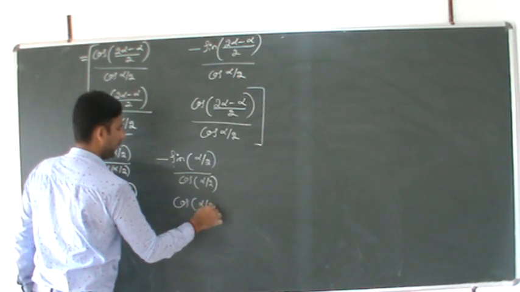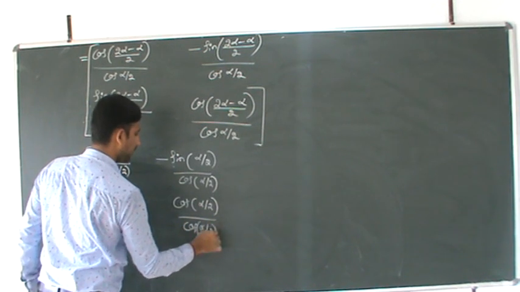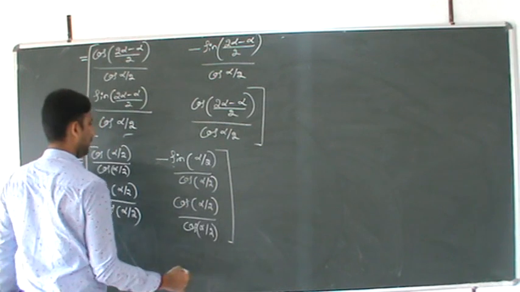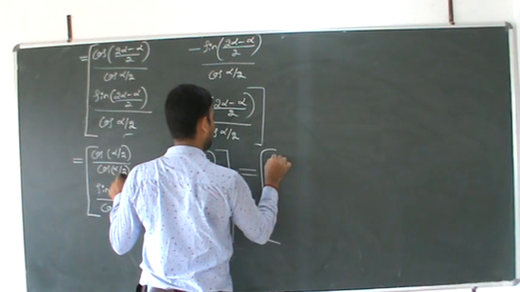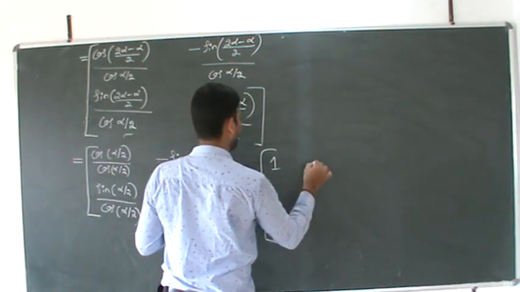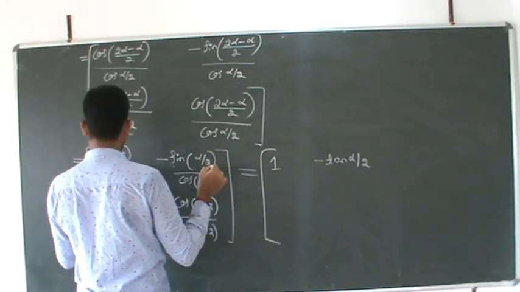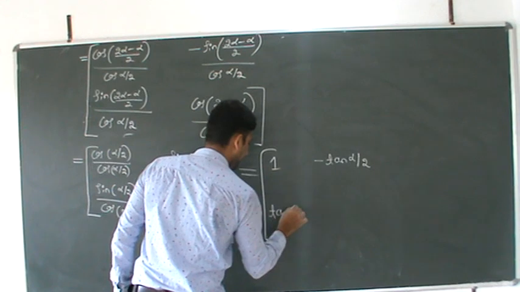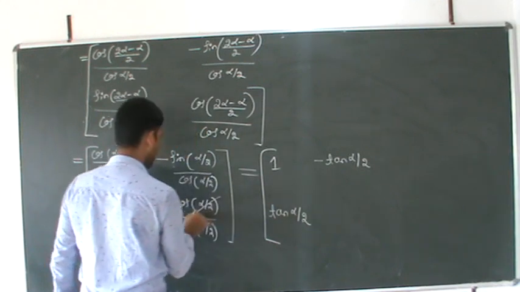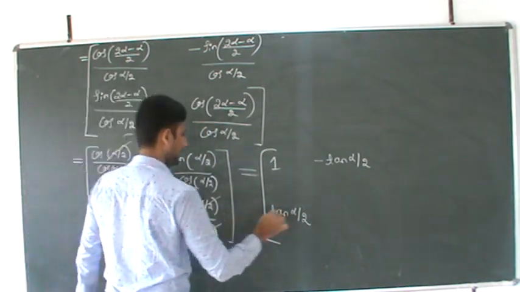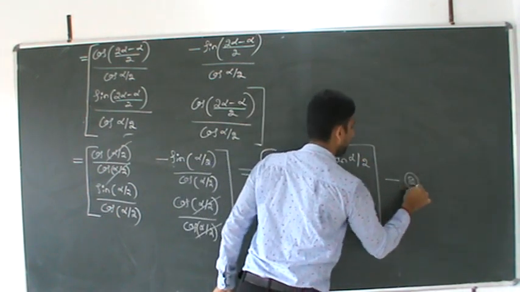Which is nothing but, cos alpha by 2 divided by cos alpha by 2 becomes 1, sin by cos becomes tan alpha by 2, sin by cos becomes tan alpha by 2, cos by cos becomes 1, which is nothing but equation number 2.